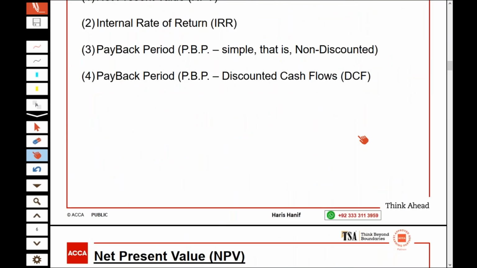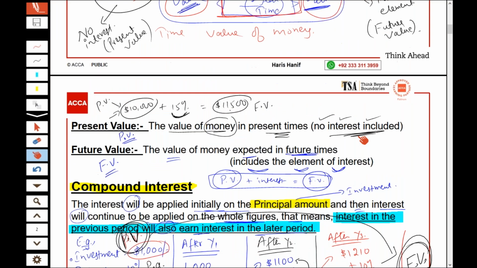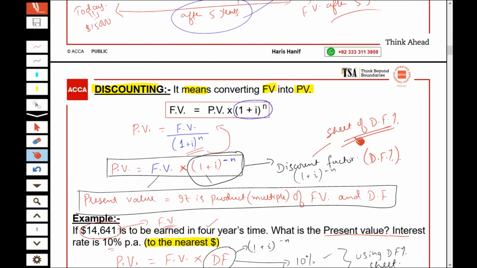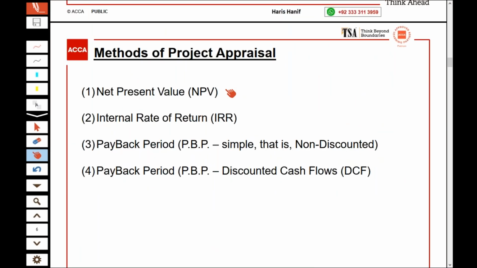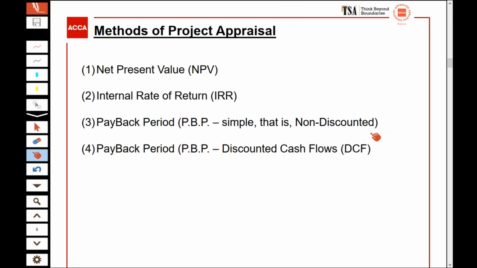Now moving to the next slide. Okay, this was the discounting present value we had calculated. Now the methods of project appraisal. What do you mean by the term methods of project appraisal?